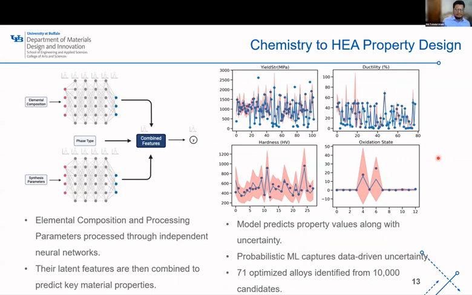On the left side, you see how composition and processing data go separately into two different neural networks, and their features are then merged to make property predictions. We have also added uncertainty estimations. This means for each prediction we now have a confidence level, and this is especially helpful for guiding experimental work.